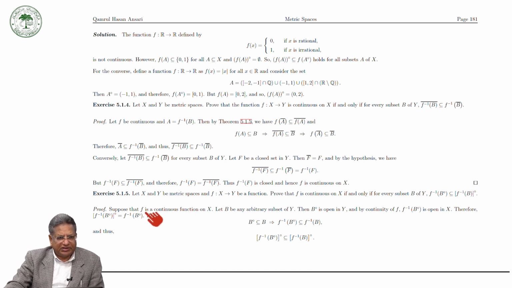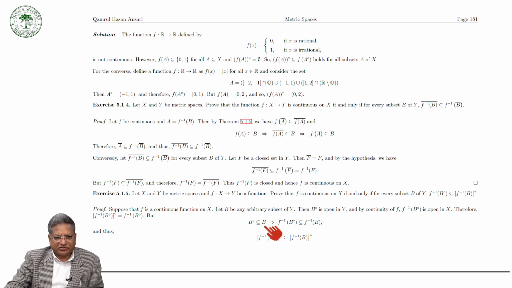Suppose that f is a continuous function on X, and let capital B be any arbitrary subset of Y. Then interior of B is an open set, and f is continuous. So inverse image of an open set is open, and therefore this interior of this must be equal to this one.